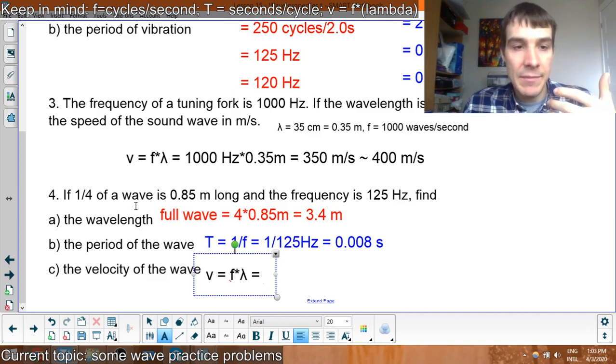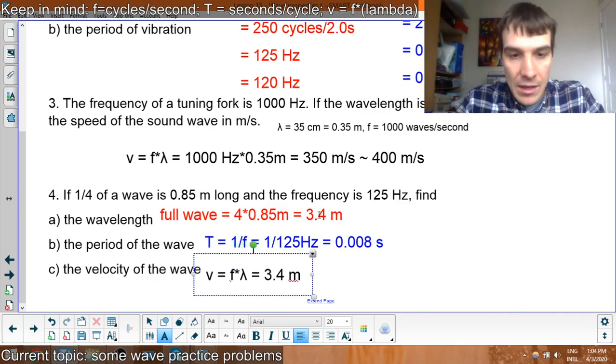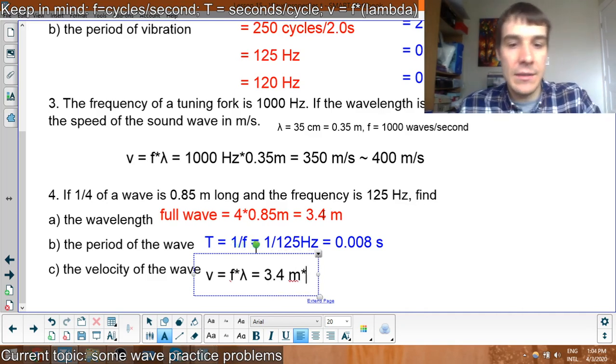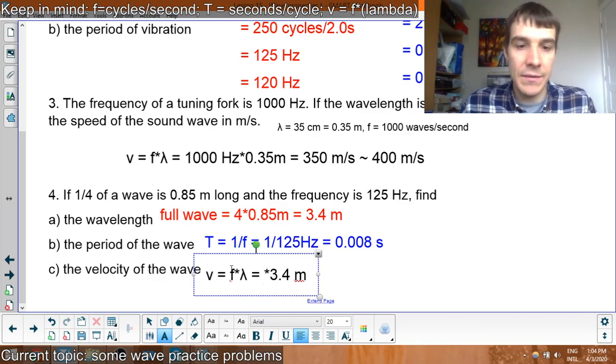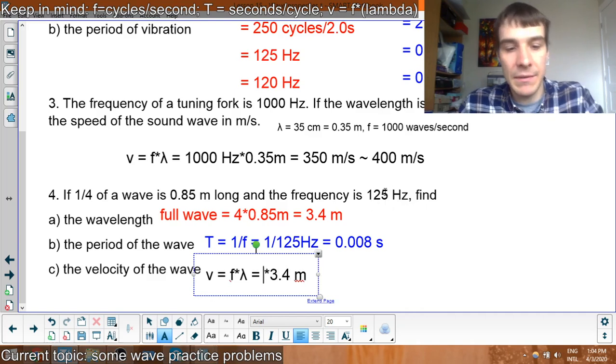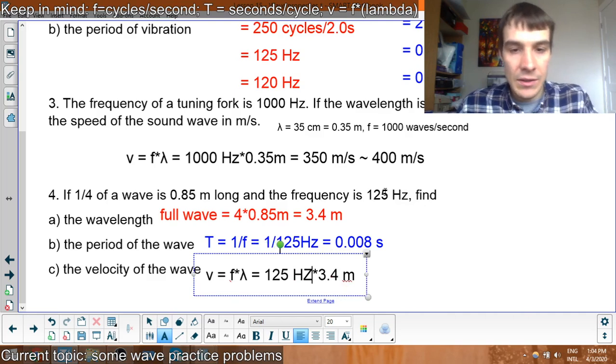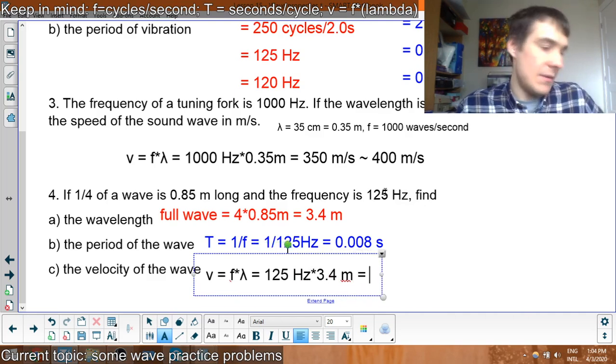Well, lambda is the length of one entire wave, right? It's not the 0.85, it's the full wave, 3.4 meters. And the frequency, which I guess we should put first, is 125 hertz. We're not using 0.008, we're using the frequency, 125 hertz. And that gives us whatever the wave speed is.